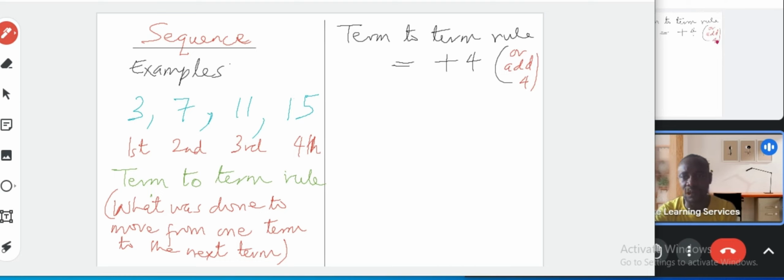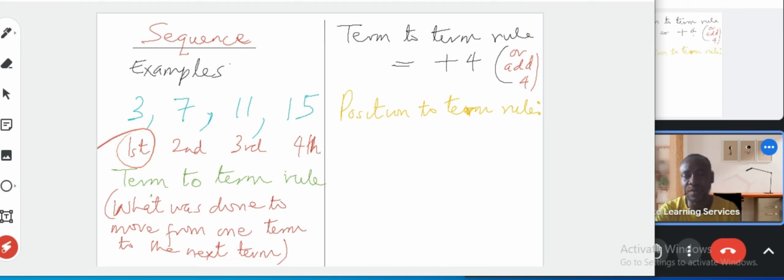Can I give you another one before we talk about position to term rule? Position to term rule. Are you ready for that? Yeah. Position to term rule talks about how the position and the term are related.